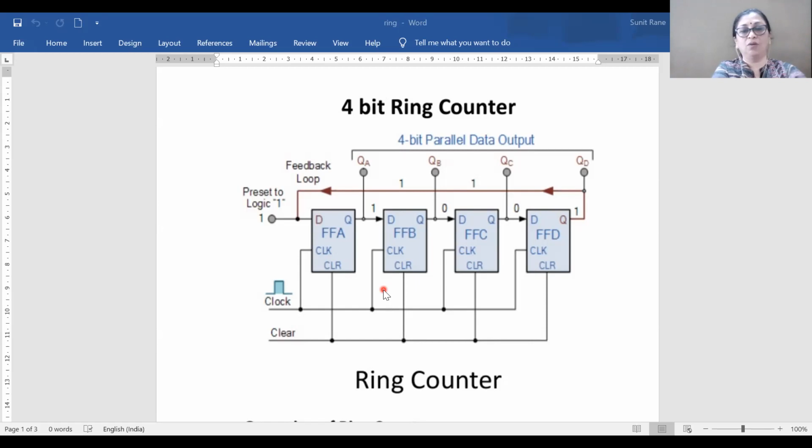Now, as you can observe here, the clock signals of each flip-flop are connected together and tied to a single terminal where a common clock source is applied.